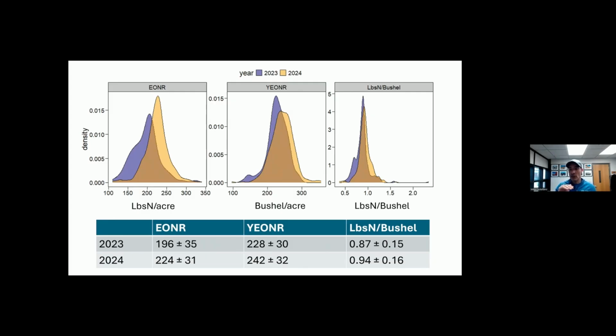And so we hope that is a big way that folks use this decision support system and the information that we provide in here. We hope it generates some good competitive spirit when you can benchmark your system against others and really work to improve that pounds of nitrogen per bushel.